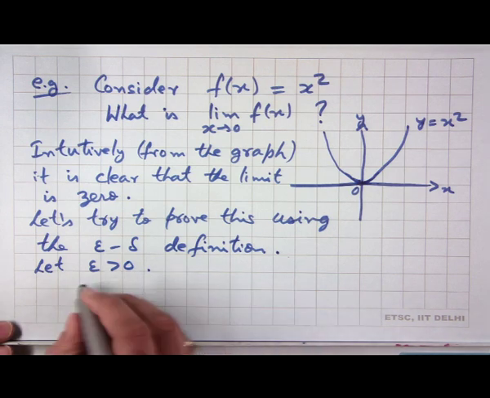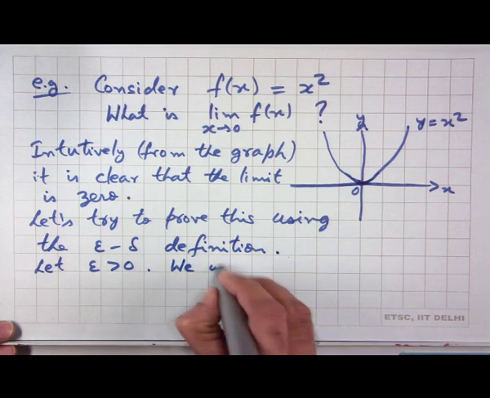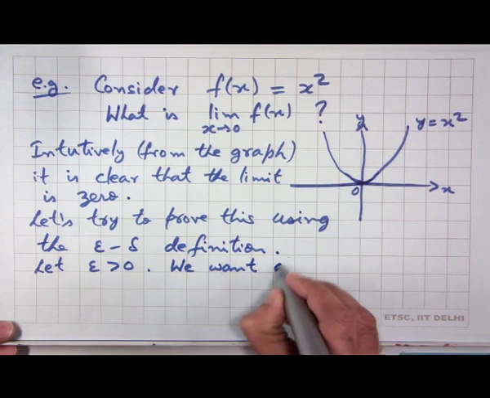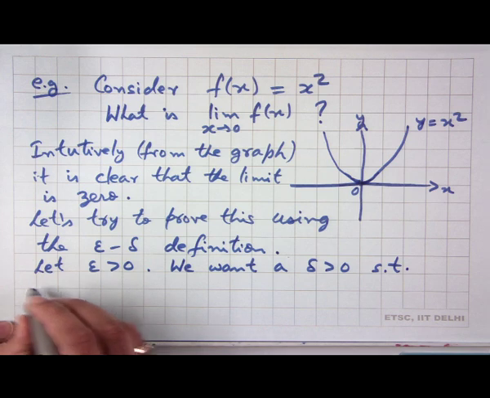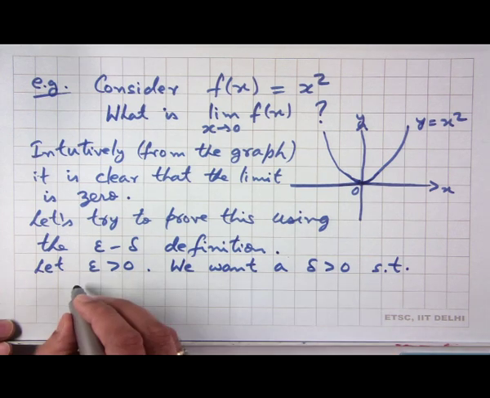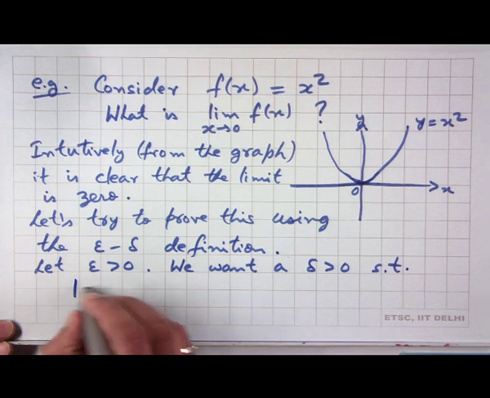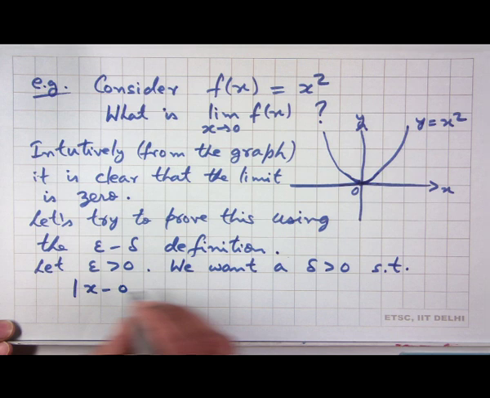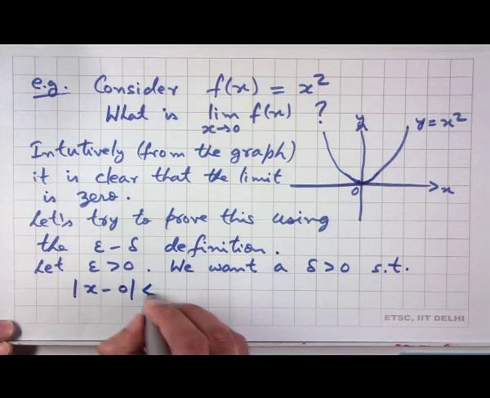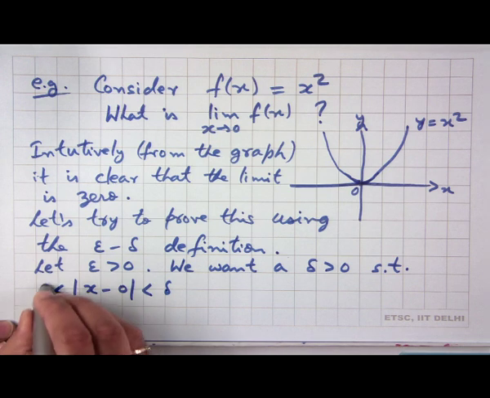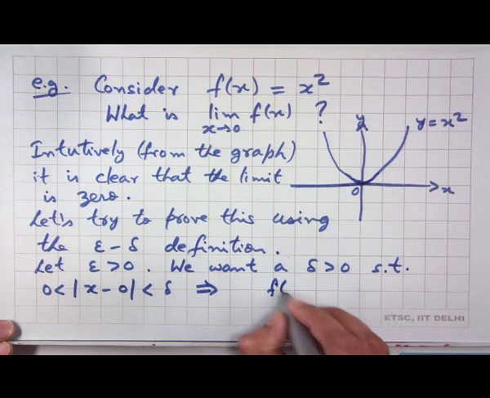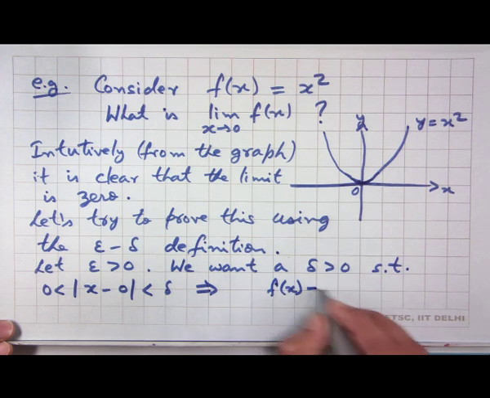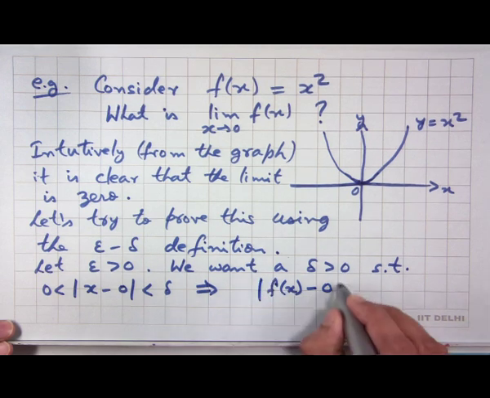What we want is a delta positive such that if mod of x minus 0, a is 0 here, if this is less than delta and greater than 0, this should imply that f of x minus, we are claiming that the limit is 0, this should be less than epsilon.